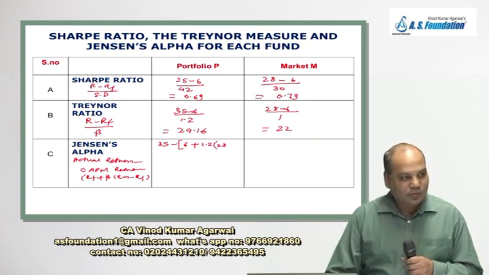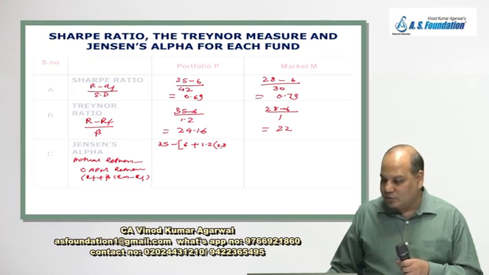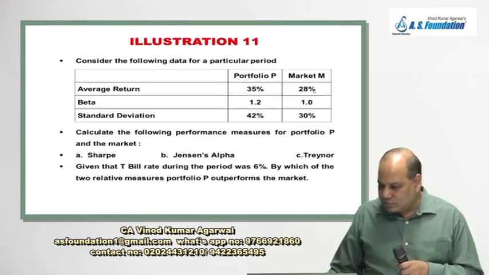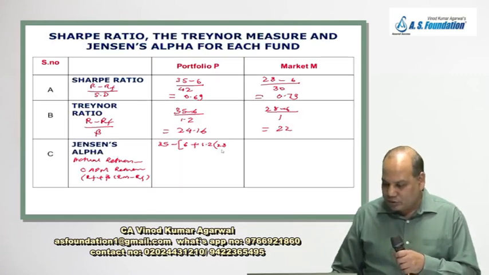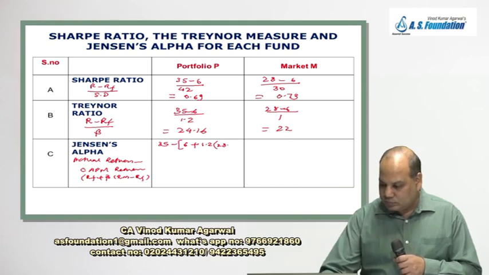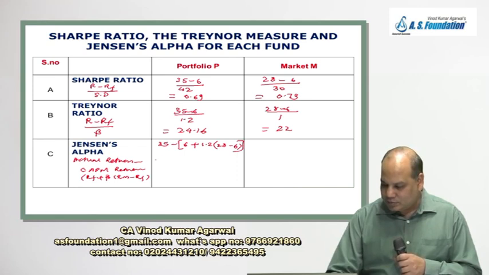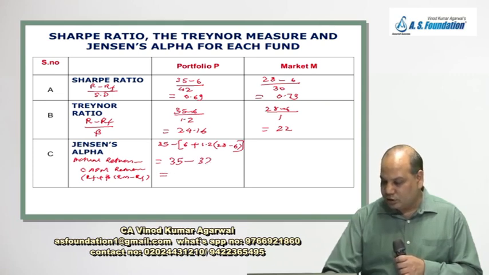Average return of market is 28. Can you see? Hello? This is 28. I'll show you, this is the return of market. So you will take this in the answer: 28 minus RF 6. Complete the answer. Final answer, what is the CAPM return you are getting? 32.4. Is it right? So are you getting 2.6%?